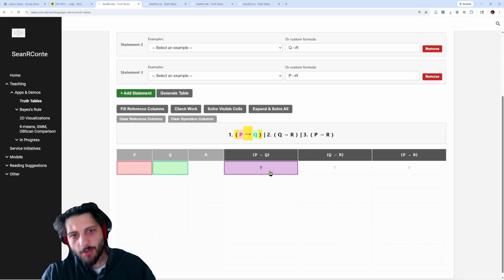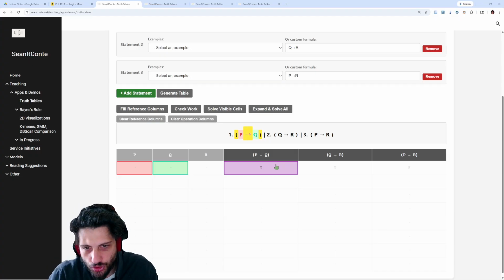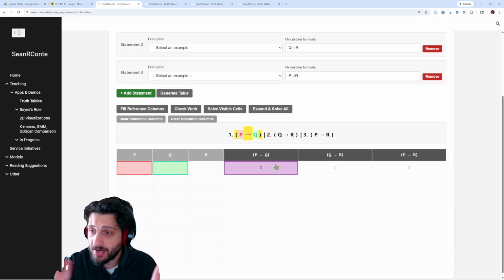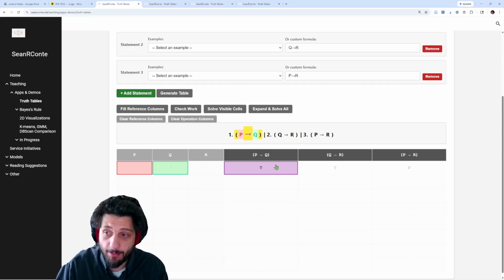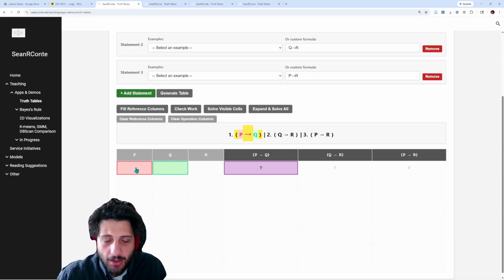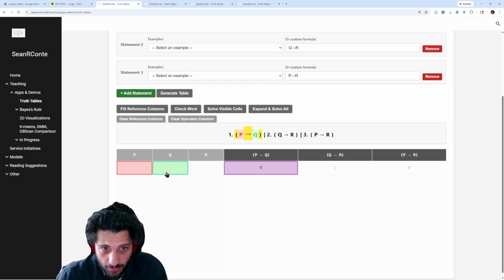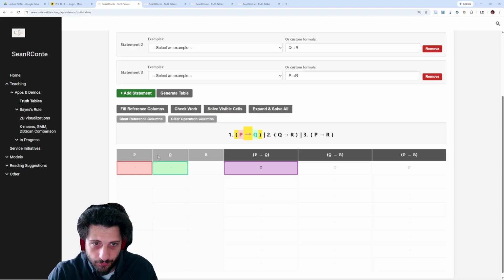So for instance, because I know this conditional is true, like I'm hypothesizing, I'm tentatively pretending this thing is true to see what happens. Well, I can't really say anything about P and Q. In order to know that if P then Q is true, P and Q could have 3 different combinations of values.